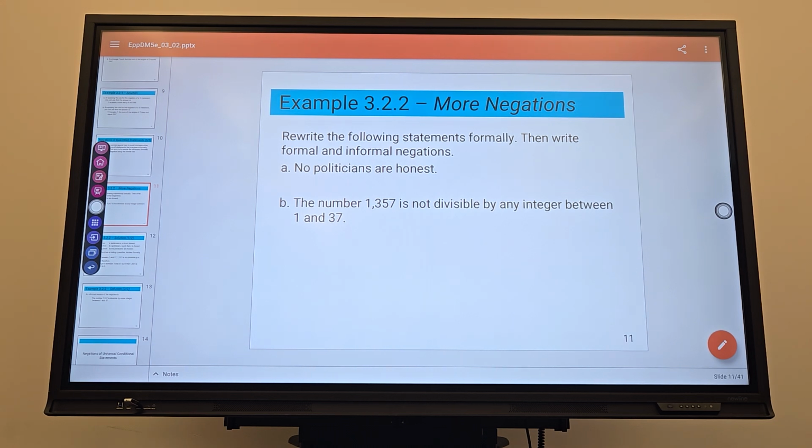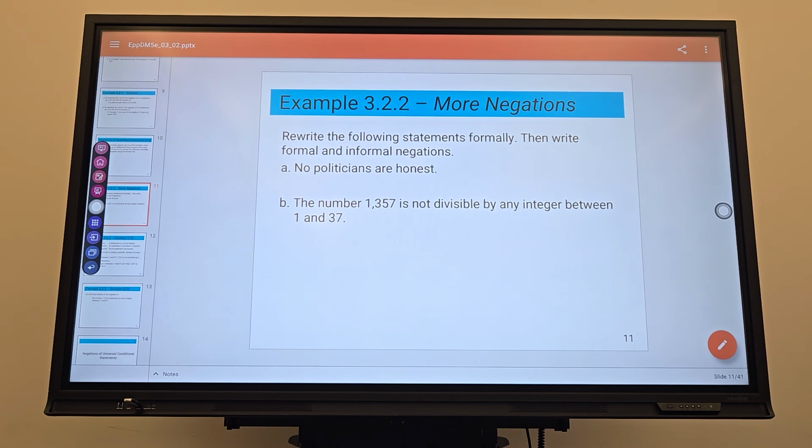No politicians are honest. The negation would be, that would be the formal form of the statement. What about the negation?